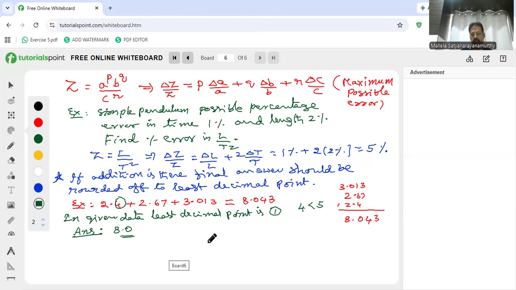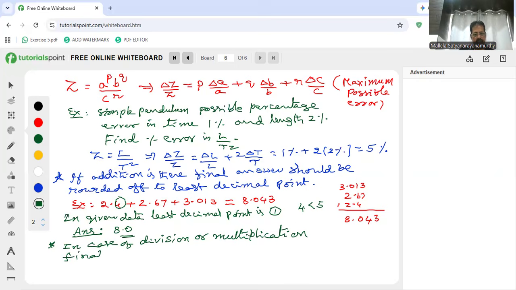So this is another important one. Next, this model problem was also given recently in 2025. In case of division or multiplication, the final answer should be rounded off to the least significant figures.